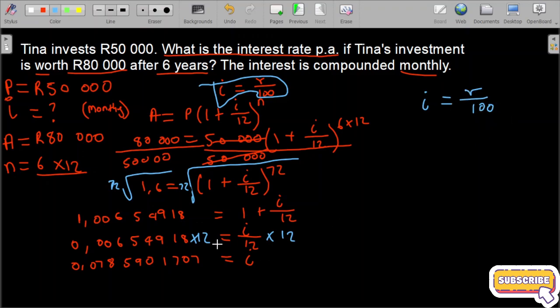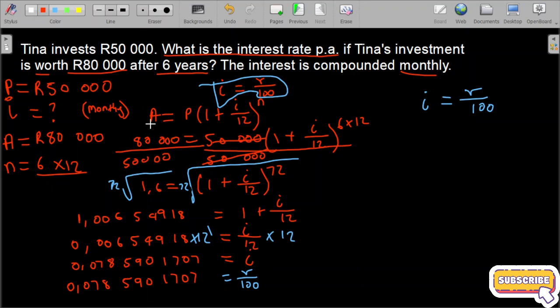Make sure you don't get lost there. So I is R all over 100. This is just going to come back the same as it was here. Now, let me write it. So it's 0,078 5901707. Remember, I'm looking for R.